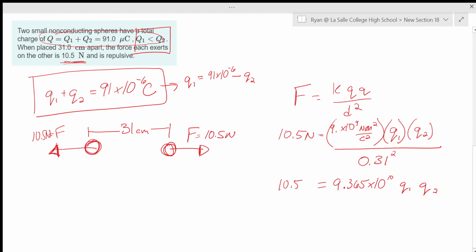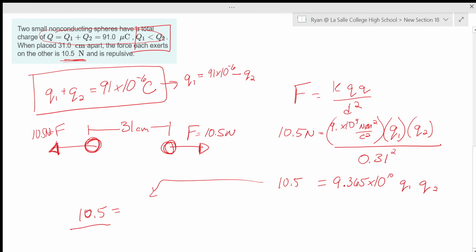Well, anywhere there's a Q1, then I can replace it with that. So this ends up giving me 10.5. I'm going to divide out that 9.365 and set it equal to Q1, which actually, you know what, we're going to replace it now. Q1 is going to be 91 minus Q2 times Q2.